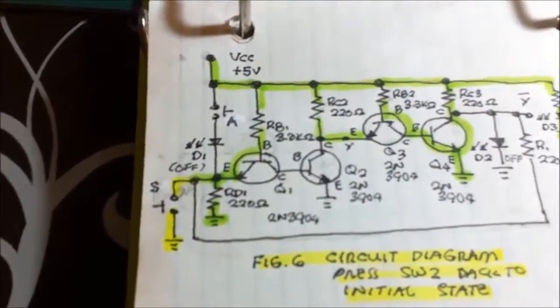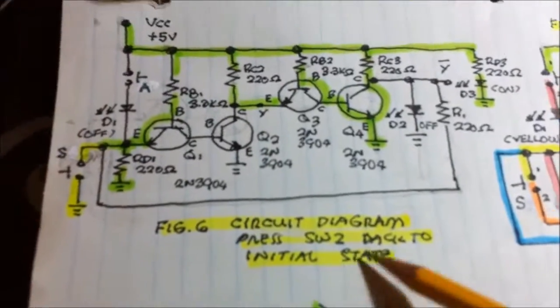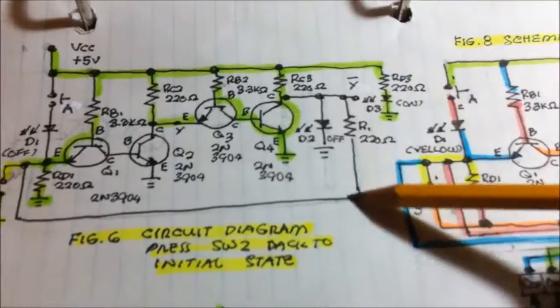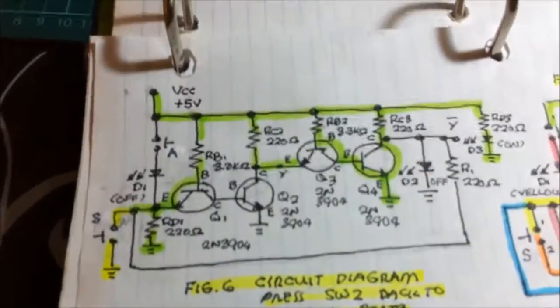So the circuit now is going into its initial state. When you press the switch to the ground, the latch is gone, and the circuit is going back to the original state.